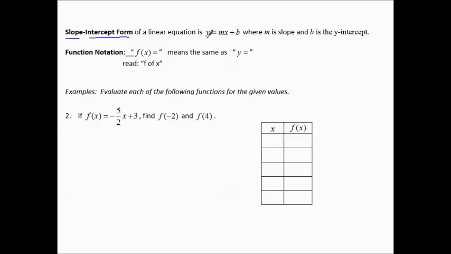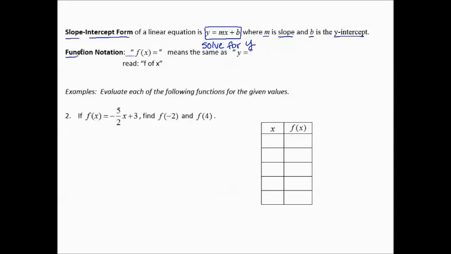The format for that is y equals mx plus b, where m is my slope and b is the y-intercept. This is the form of the equation we will use when we want to use the calculator to look at the table. But we will first have to solve for y sometimes if it's not already in y equals mx plus b.